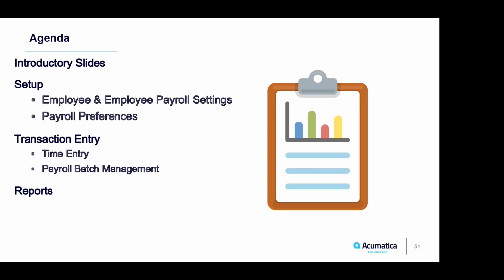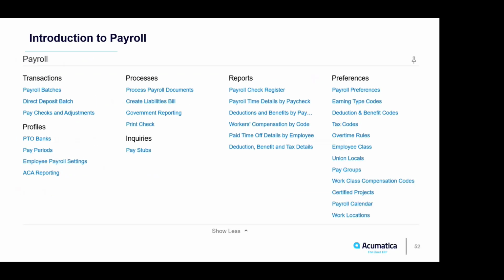So when we look at an employee setup, we're going to look at how we separate that critical information. We're going to look at a few payroll preferences, especially as they relate to things like certified job and Davis-Bacon requirements. Then we'll look at some time entry, and then we'll look at payroll batch management. Probably will not get the chance to do an entire payroll batch with you, but we will talk about the steps of doing that, and then we'll talk about reporting as well.